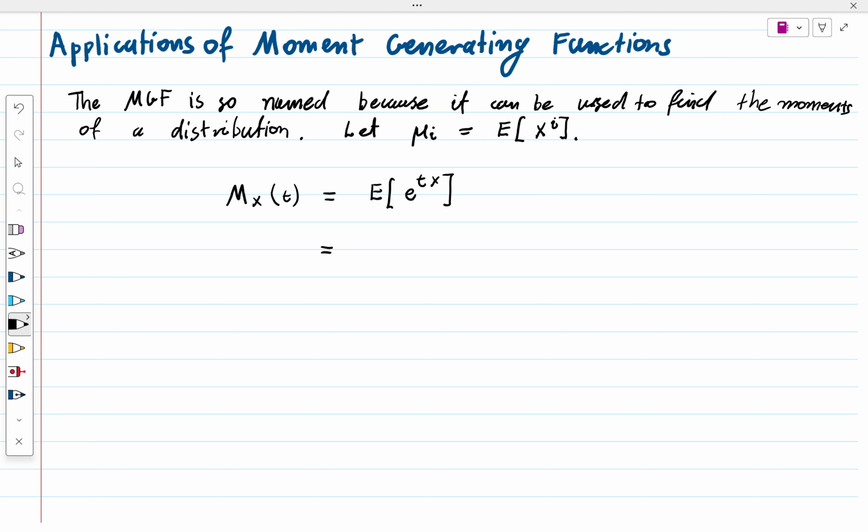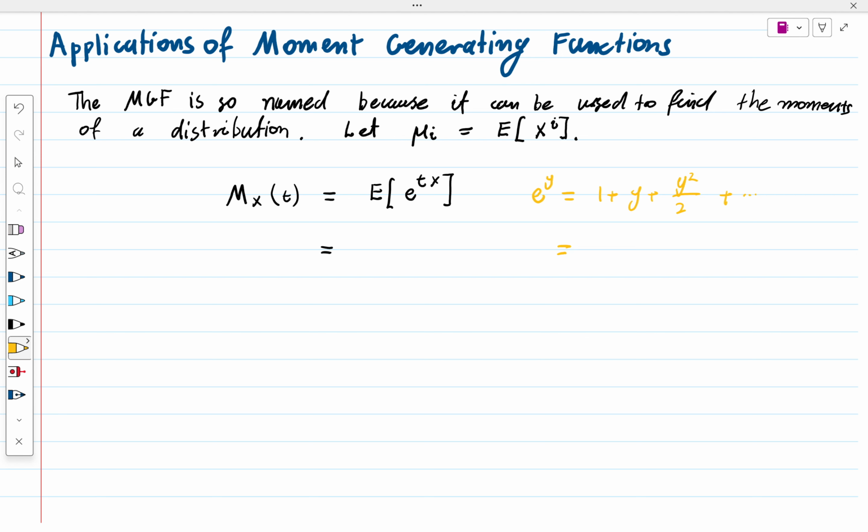Now, we know something very important about the exponential function: e to the y can be rewritten as a Taylor expansion, 1 plus y plus y squared on 2 factorial plus, and so on.